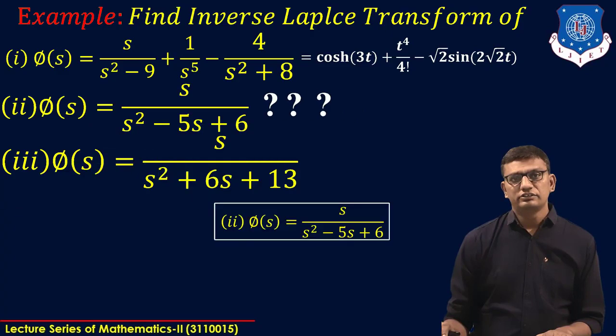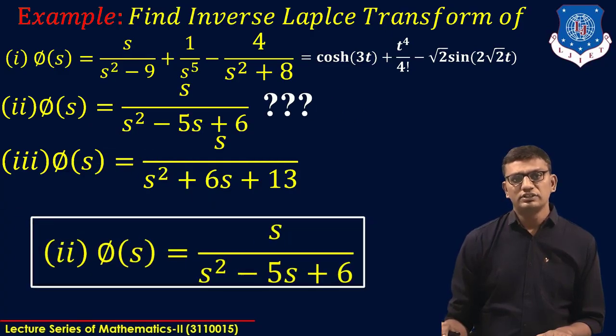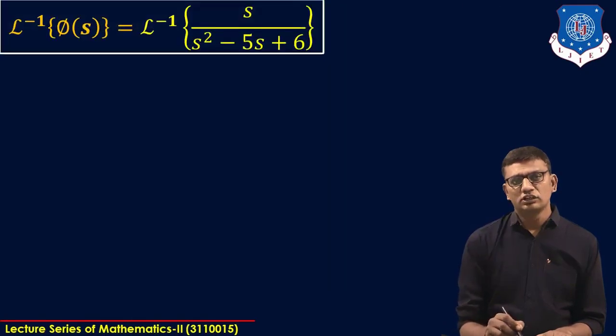Now we will solve the second example, which is phi of s equal to s upon s square minus 5s plus 6. Here we can't see the direct formula of any Laplace, but we can factorize our denominator. Let us see how to solve our question. S upon s square minus 5s plus 6.